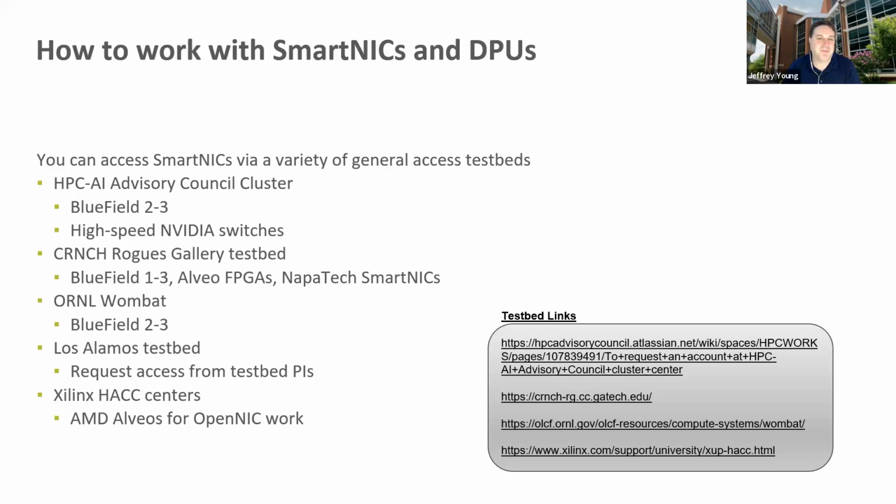So it's best to get something running on one testbed and then try to port it, rather than tackle multiple testbeds at once. A lot of these you can apply to, with varying access requirements. For instance, the one I run is NSF funded, so pretty much anybody in the US can get pretty easy access to it.